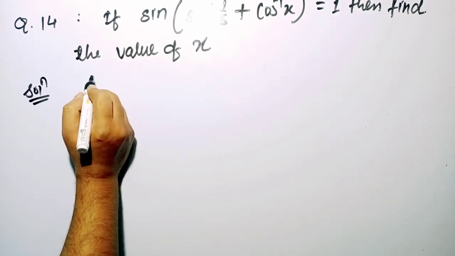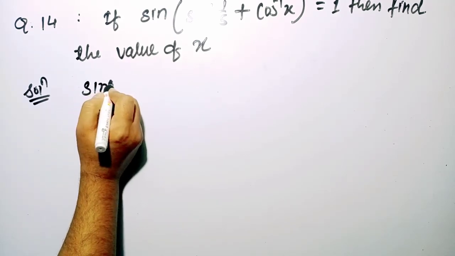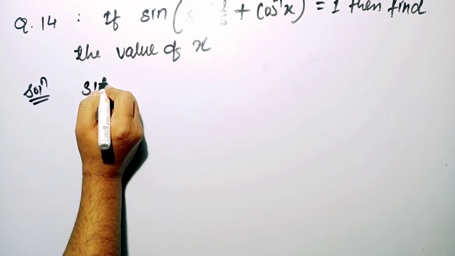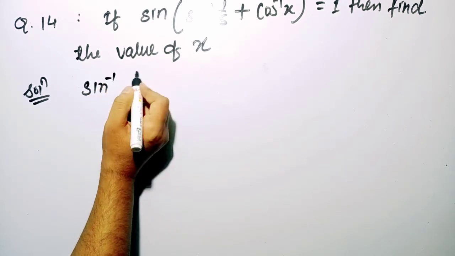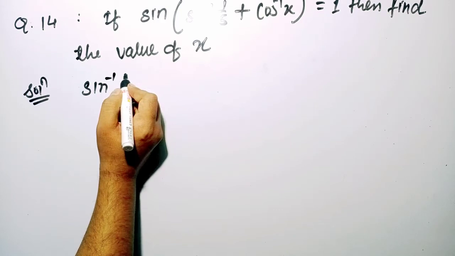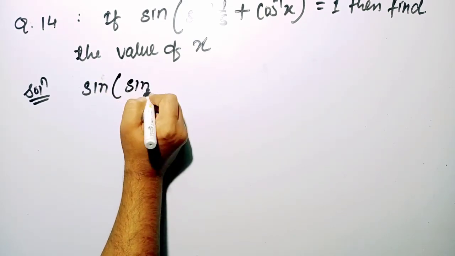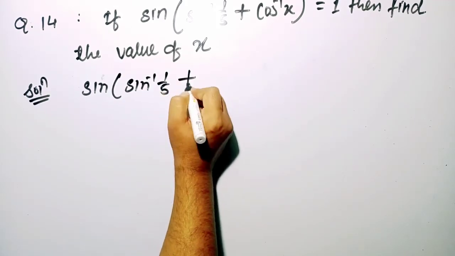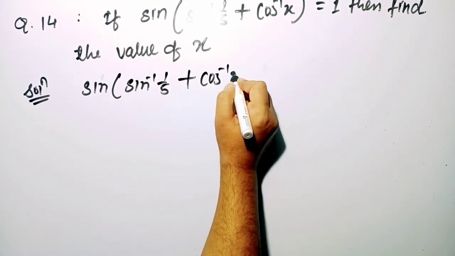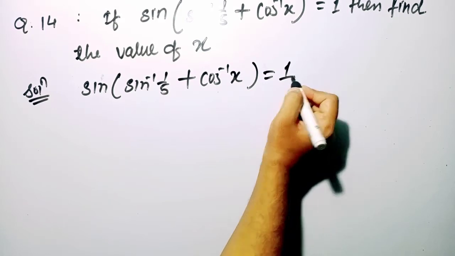Here it has been given that sin inverse, sorry, here we will have to make some correction: sin inverse 1 by 5 plus cos inverse x is equal to 1.